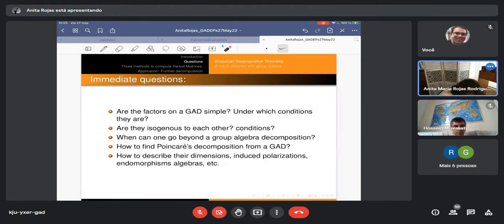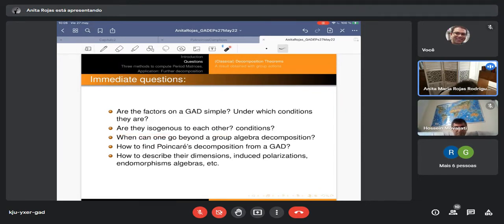There are immediate questions, related to the main questions I presented at the beginning of the talk, that arise when you see this group algebra decomposition. Are the factors simple? Under which conditions are they simple? Are they isogenous to each other?